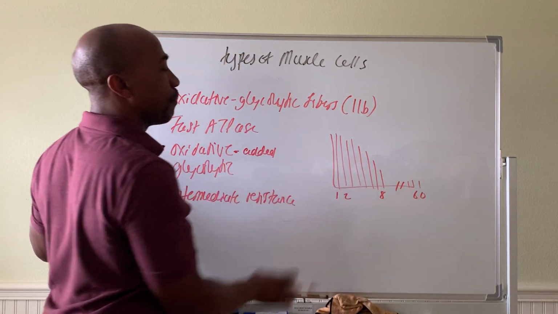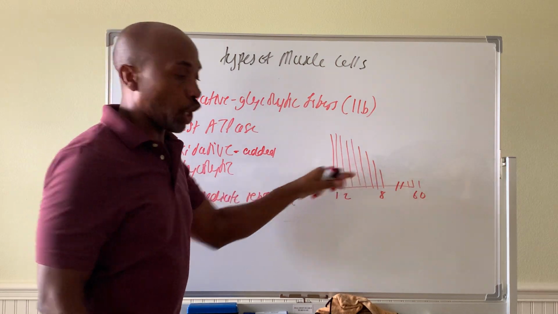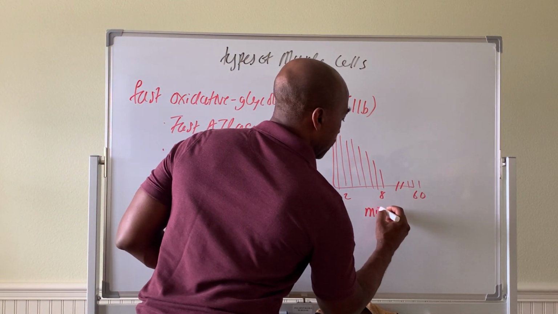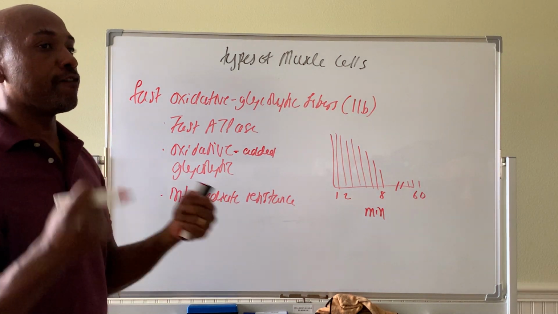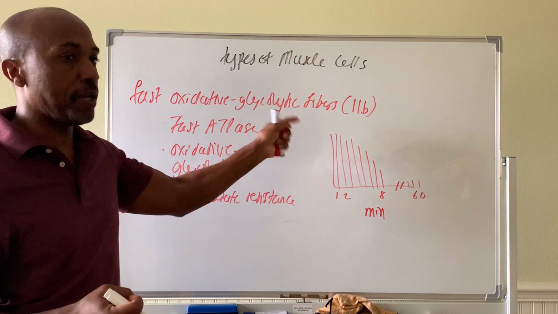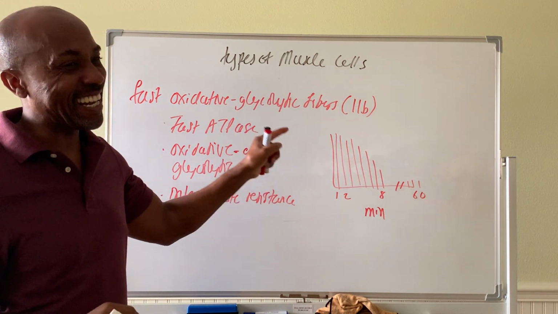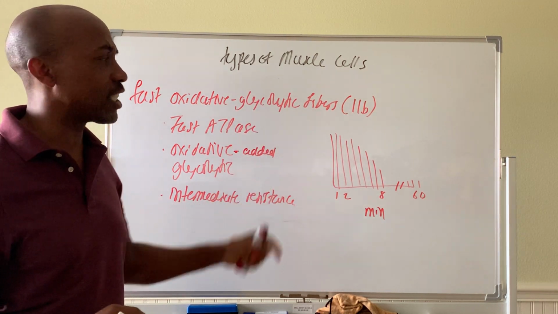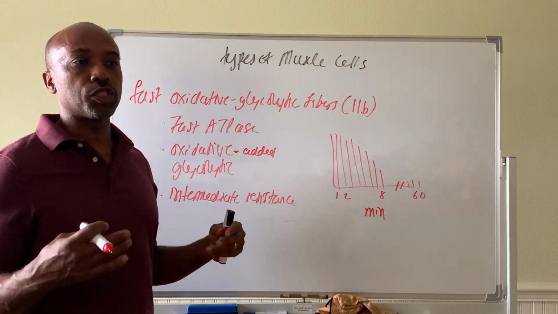You'll still never be like the slow fibers, but they can last a little bit longer. So intermediate resistance. And this is what you train your muscles to do, to convert some of your fast ones over to your fast intermediate ones. They're still fast, still powerful, but they can last longer. So you don't fatigue as quickly. Now, so these are the 3 types of muscle cells you'll find.